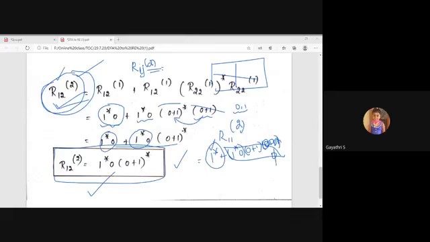Then some identities, then the definition of regular language, then the definition of regular expression. Then some problems: for a given problem statement you have to write the regular expression, or if the given input is a regular expression, you have to write the language. So these are the possible 2 marks.